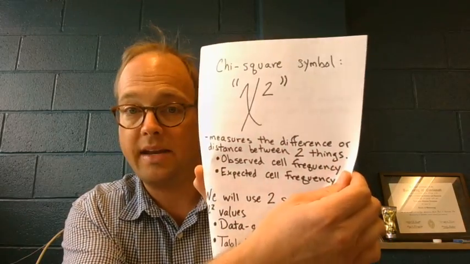ANOVA, units of between group variance. What does chi-square represent? Well, as you can see from this handout, chi-square represents or measures the difference or distance between 2 things. And those 2 things are observed cell frequency and expected cell frequency.